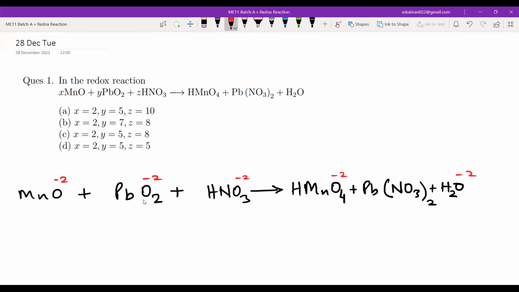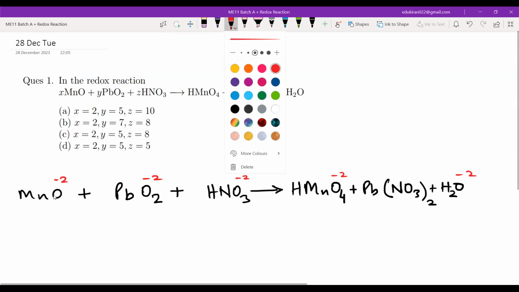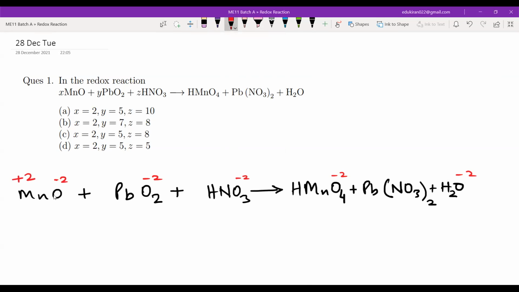+5. Why 5? These are oxidation states. -2 is the oxidation state of oxygen. +4, na? Hamza, what happened? Fahim, do you know how to calculate oxidation states? Kind of.